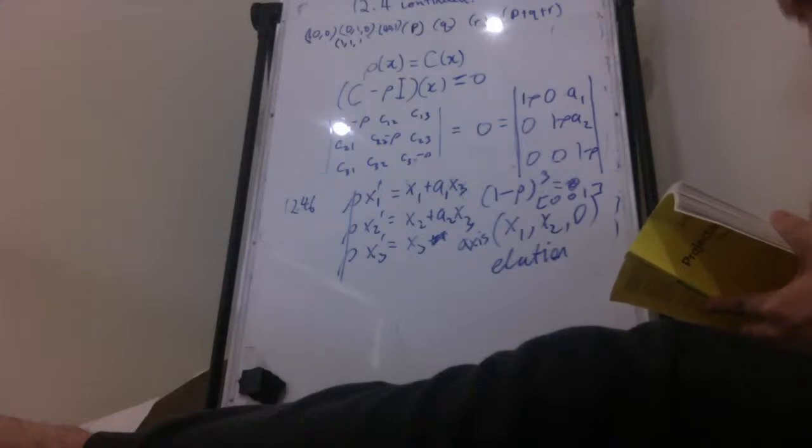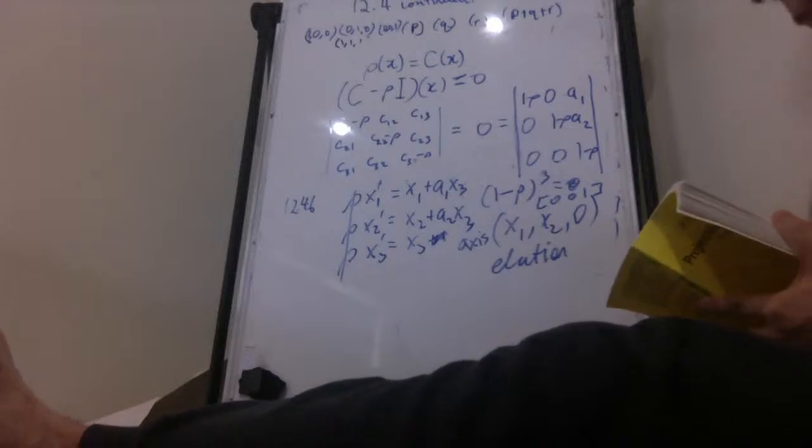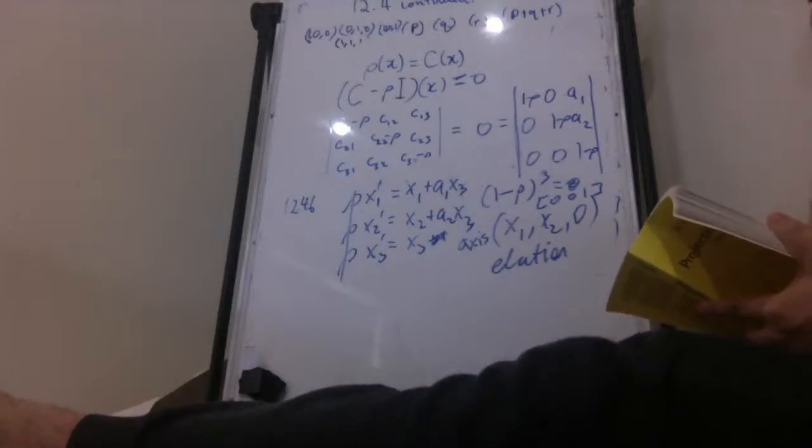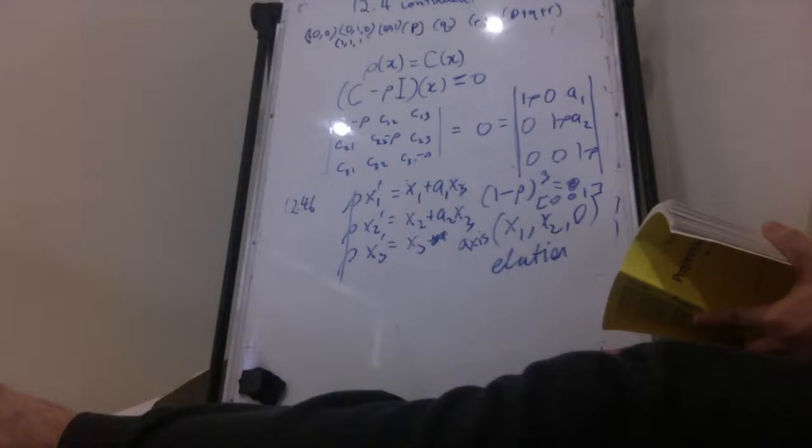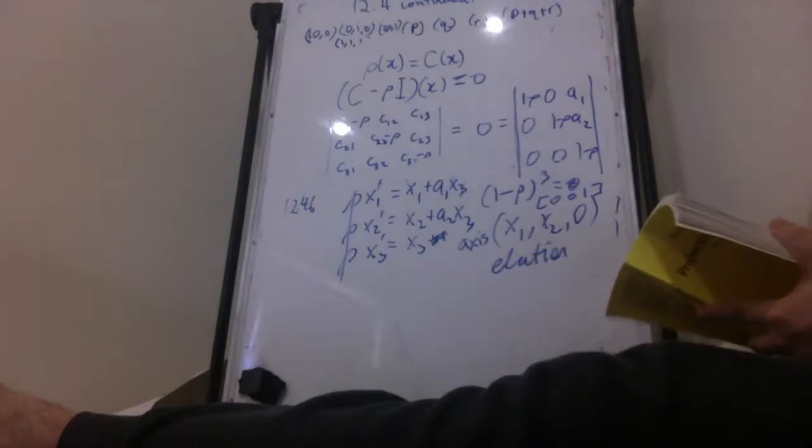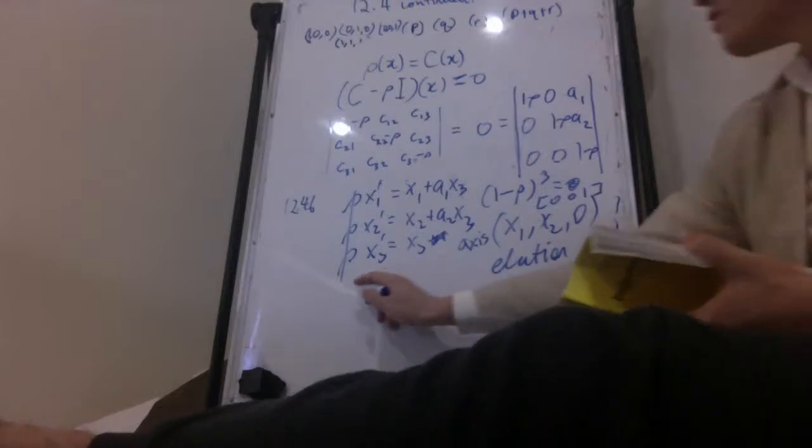Yeah, so I guess there's lots of ways to find the center. Let's pick any point not on here. So let's say take 0, 0, 1.